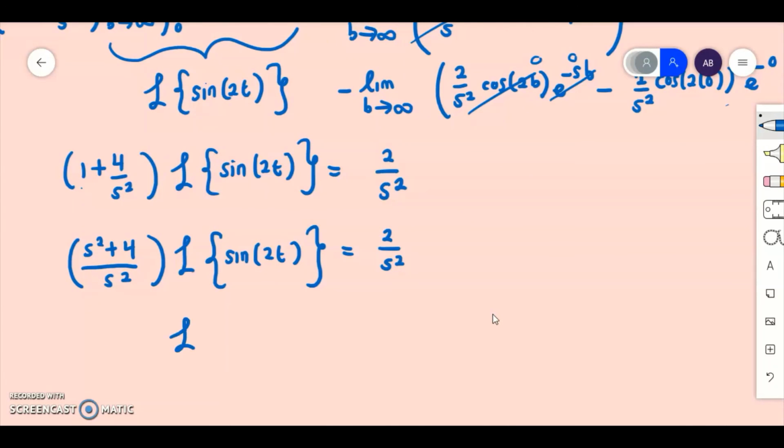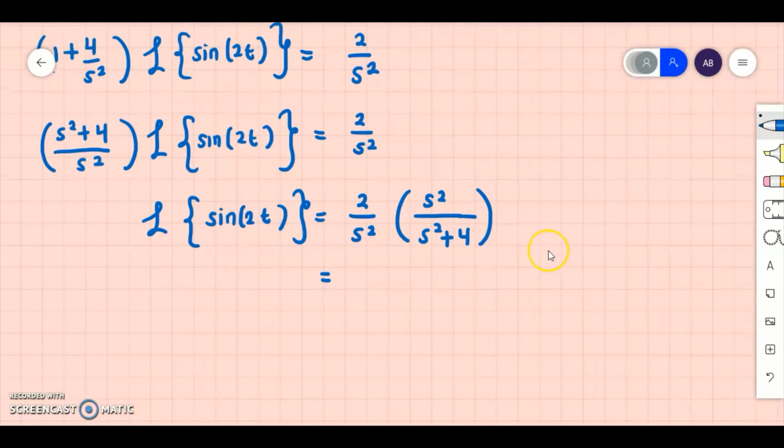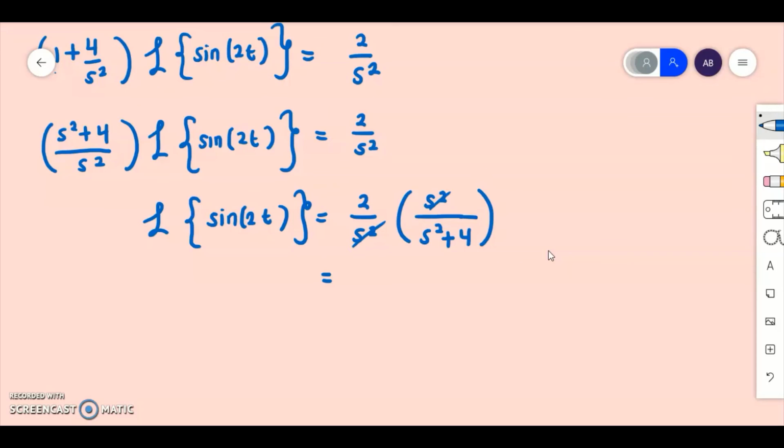So now the solution for Laplace of sine 2t is therefore given by 2 over s squared multiplied with s squared over s squared plus 4. Simplifying this term, we're cancelling out s squared here. There you go, we have Laplace of sine 2t is equal to 2 over s squared plus 4. It's a lot of work, but this is what you have obtained.